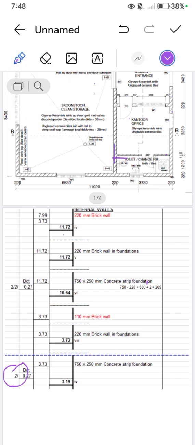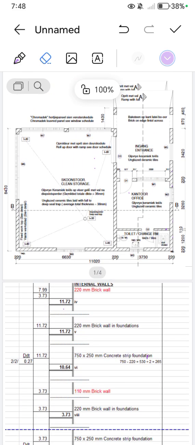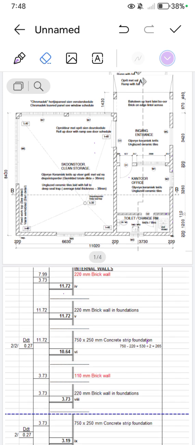You have your T here, this side, and also this side we have that T. So that's basically it when it comes to adjustments in this section. I think we managed to at least cover everything on this one.